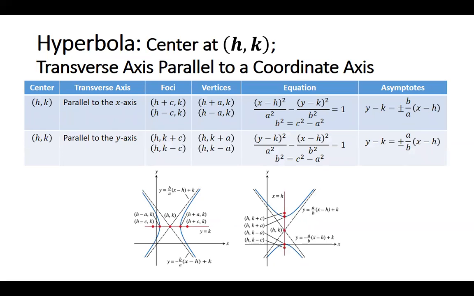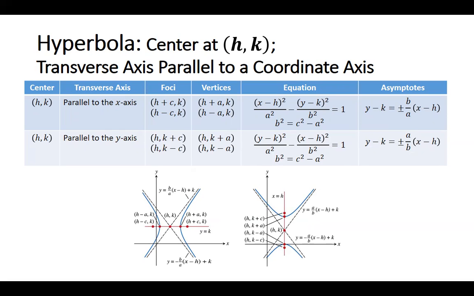Well, unfortunately, we don't really get to work a lot with the center being at 0, 0. So many times we have the center at some other point. So we have h, k, and dealing with that where the transverse axis is parallel to a coordinate axis. If that's parallel to the x-axis, the foci are (h plus c, k) and (h minus c, k). The vertices are (h plus a, k) and (h minus a, k).